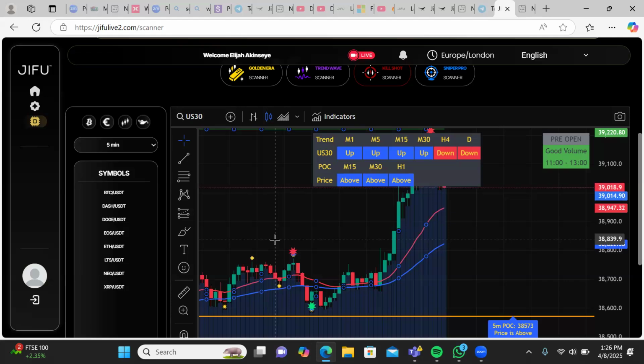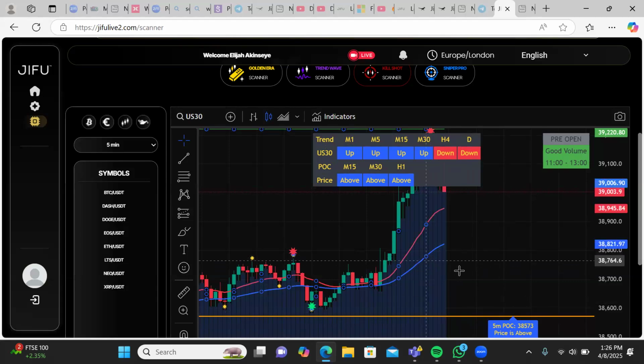once we confirm the trend here, the next thing we want to look out for is, are we above or below the POC? Now, remember, look at the POC. Can you see this line below? The yellow line below. Can you see that arrow, that comment there in blue?